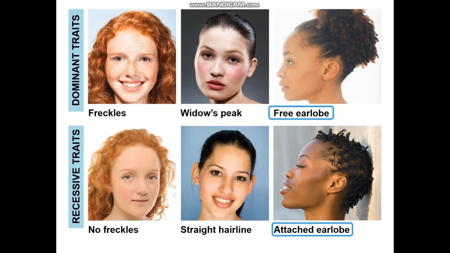Humans also have dominant and recessive traits. So freckles, for example, as it turns out, that is a dominant trait. Now, one thing you might notice is that most people do not have an overabundance of freckles on their face. And that is because dominant traits aren't necessarily the most common trait in the population. How common a trait is, and whether it's dominant or recessive, have really nothing to do with each other.